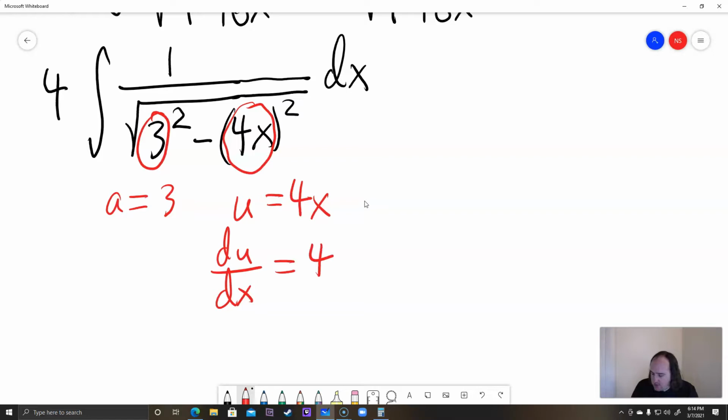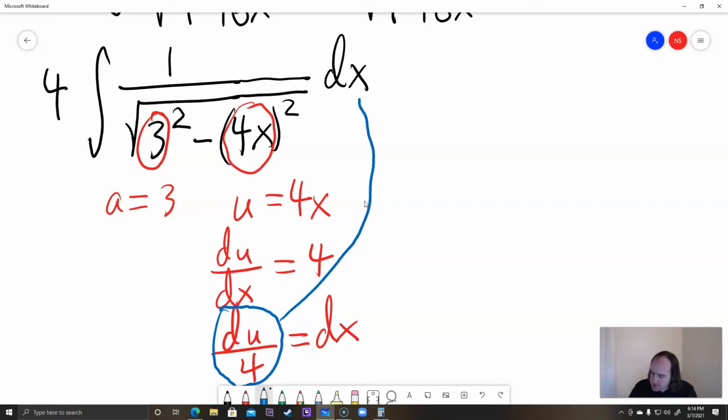Then if I multiply both sides by dx and divide both sides by 4, I get du over 4 equals dx.